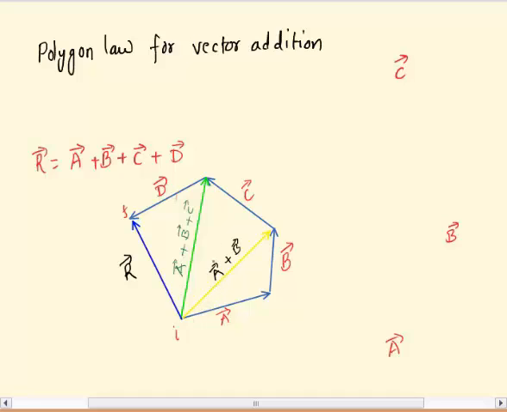It is proved from the law of triangle. In the direction of A, you add vector B, and this is A plus B. To A plus B, you can add C vector, and this green line will represent A plus B plus C, and to that you have added D vector.